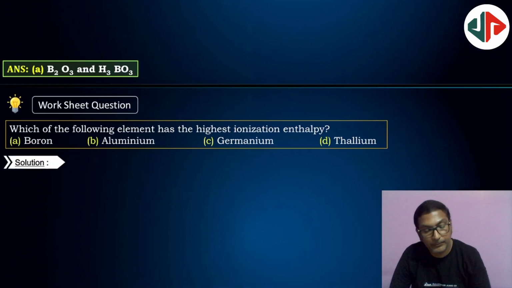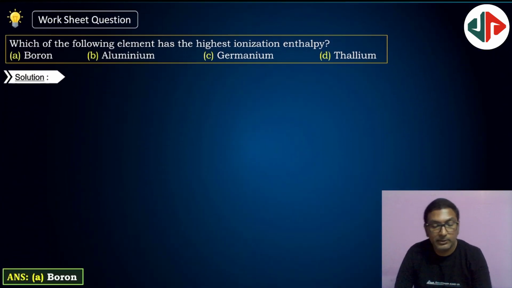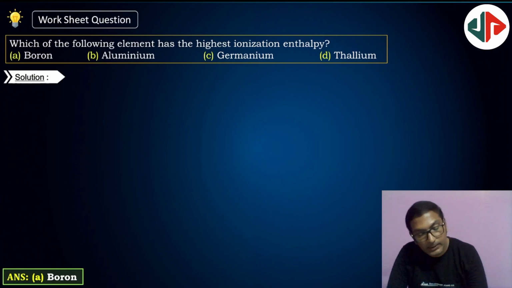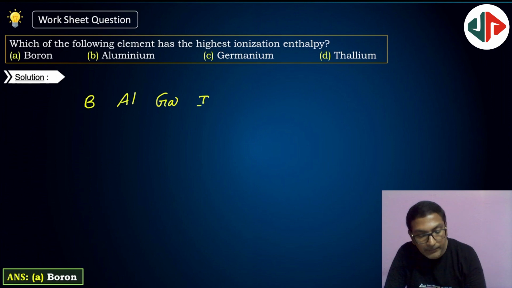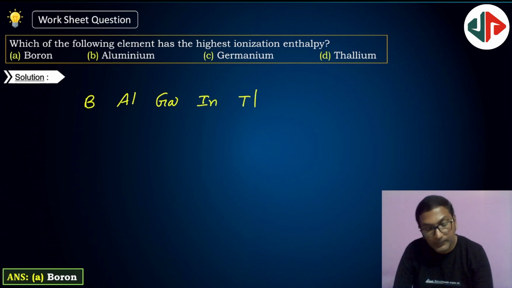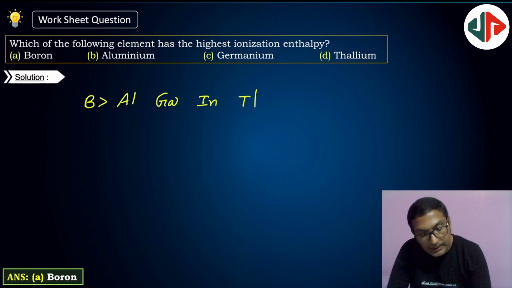Next. Which of the following elements has the highest ionization enthalpy? So remember like this ionization: boron, aluminium, gallium, indium, thallium. Remember like this. So here greater than, less than, greater than, less than. Ionization energy order.